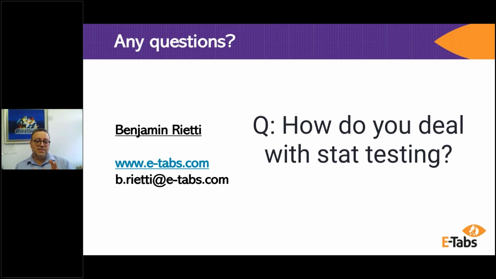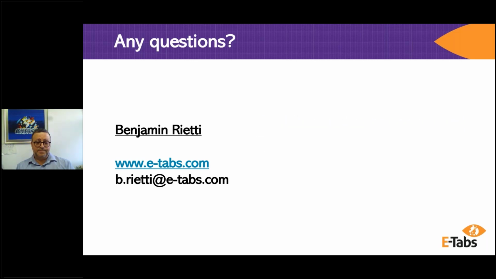Or the other way we deal with stat testing is that it's actually done in our software. In many cases, particularly with ongoing studies, you may not find it easy to do stat testing in the tables themselves, but we can use your preferred formula for stat testing and do that in the automation, and then show it however you like, whether it's indicators, arrows, squares, traffic lights, you name it.